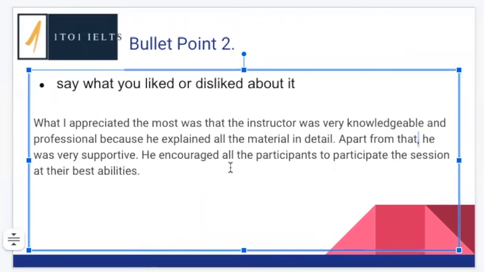No comma yet, we don't put commas after that. Apart from that, he was very supportive, good. He encouraged all the participants to participate at the session. Here we participate and we need a preposition.